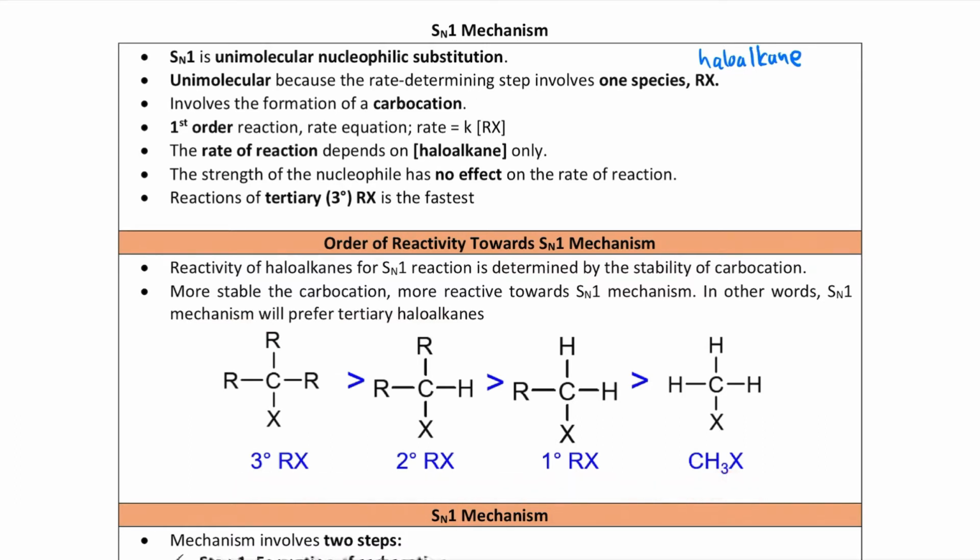So, tertiary haloalkane is the most reactive to SN1 sebab you can imagine when this bond break, that means this halogen ni keluar. Okay, so bila halogen ni keluar, dia akan jadi carbocation. Okay, the same goes for this one. Semua ni akan jadi carbocation. Okay. And then, kan kita dah belajar stability of carbocation in chapter Introduction to Organic Chemistry.